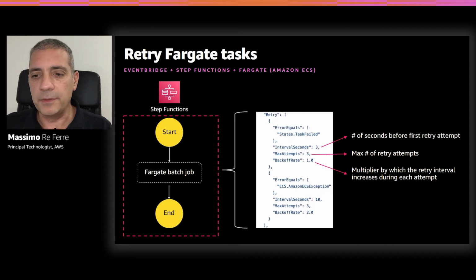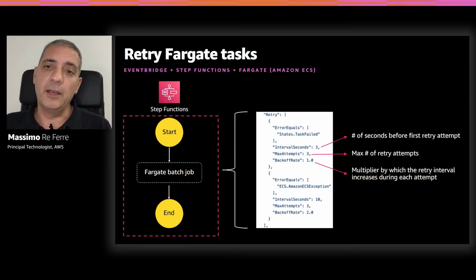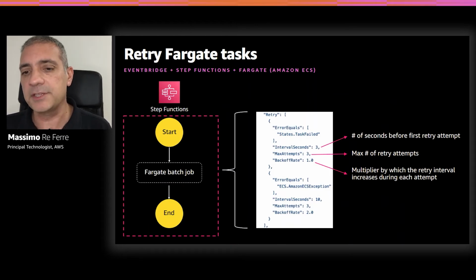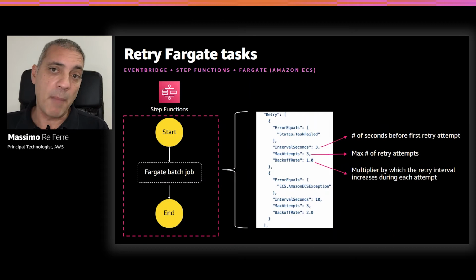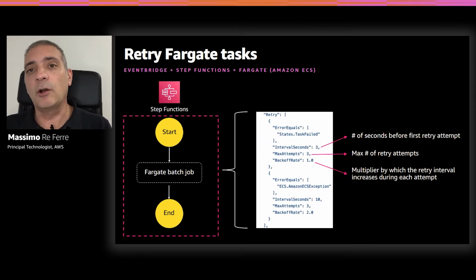This is just an example of how you would configure the step function to say, if there is a failure, for example, wait this amount of time, in this example 3 seconds, just make a maximum amount of attempts to run this job before you report this job as having failed. And the other thing that you can do is specify this back-off rate.